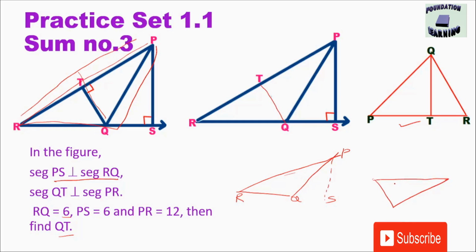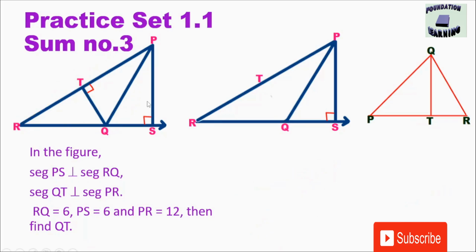Obtuse angle triangle. If I take it straight instead of upside down, it's like this. Q here and T here. And this is R and P. So this is how the figure looks. So we have to take the triangle PQR. Now PQR can have two bases.